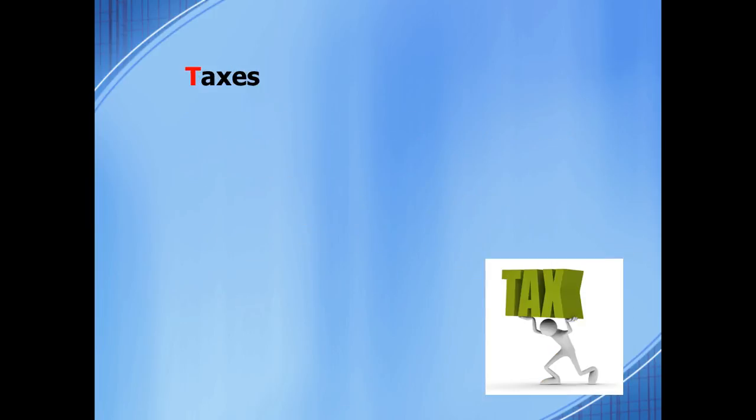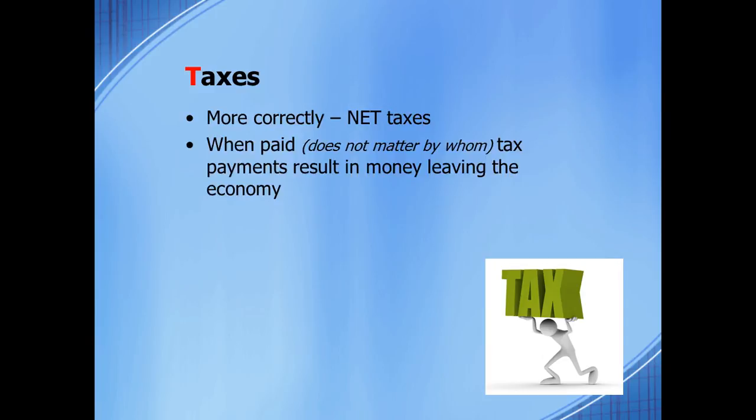Another form of withdrawal is taxes, and more correctly it's net taxes. When tax is paid, and it doesn't matter by whom, the tax payments result in that money leaving the economy. So that money is withdrawn from the circular flow of income.